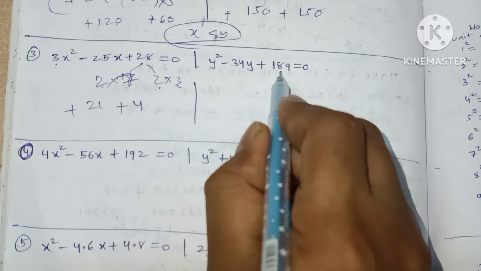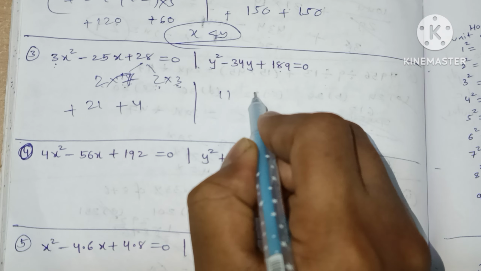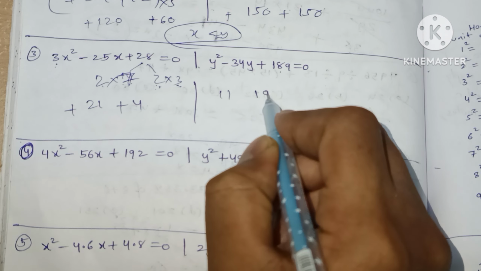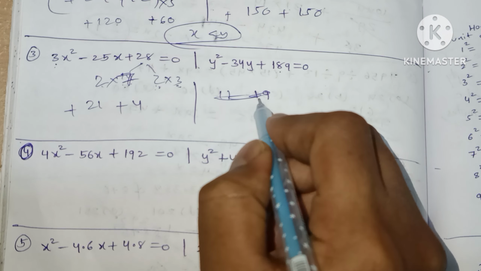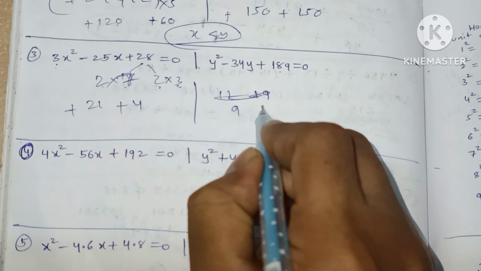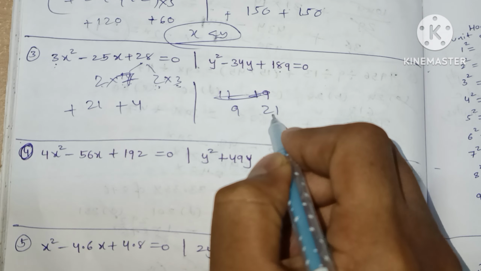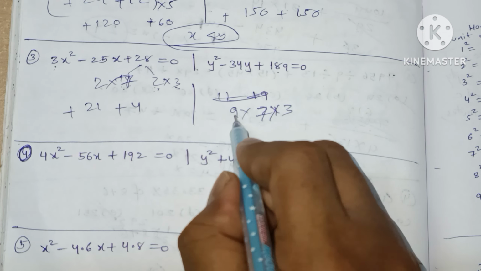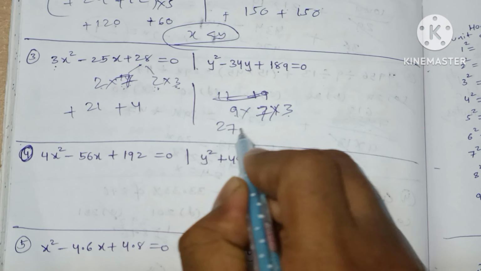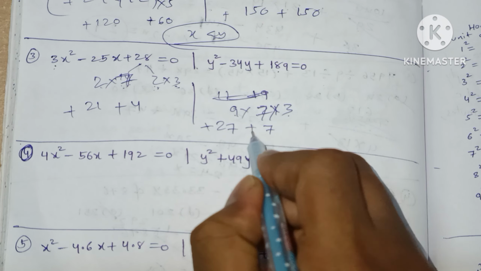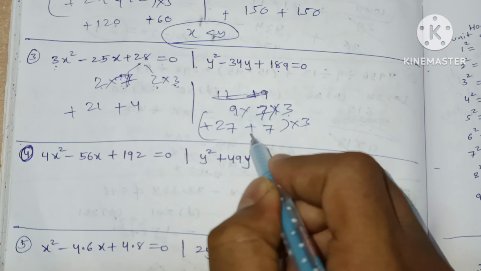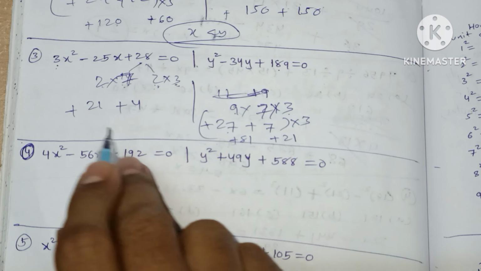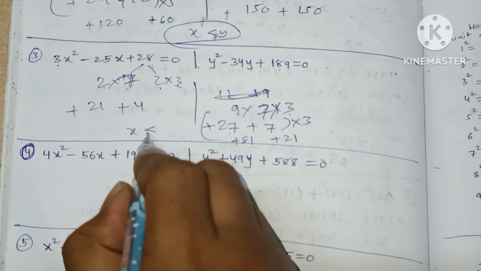Here 189, 9 21 times, and this is 7 3 times. We get 9 3 times 27, 7. These are the roots, and the roots are positive. To make the base equal, we will multiply this with 3. This will be 81, and this will be 21. By comparing these two, it is clear that x is lesser than or equal to y.